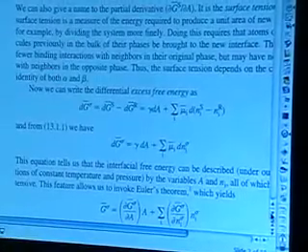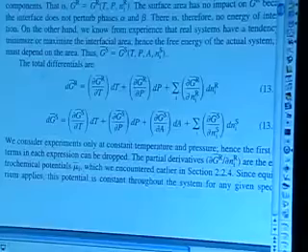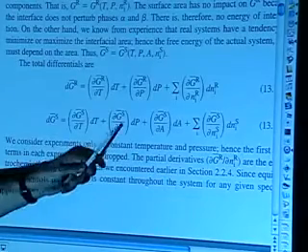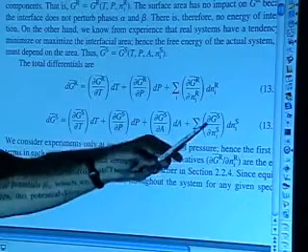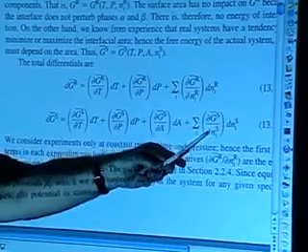So now we can take the excess. We can take the differential free energy as the difference in free energy between the differential of our system and the differential of our reference. And I'll go back one slide to remind you what they were. These two terms were 0 in both cases. This term is the electrochemical potential of each species, and so is this.